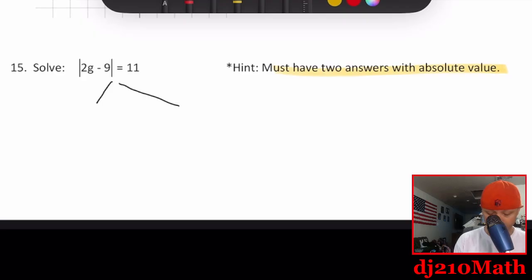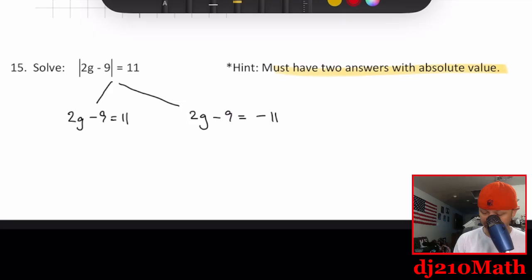So now once I break it into 2, we don't need the absolute value bars any longer. So 2g minus 9 is equal to 11. That's 1. Then 2g minus 9 is equal to negative 11.